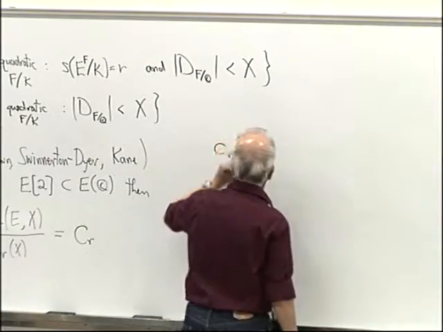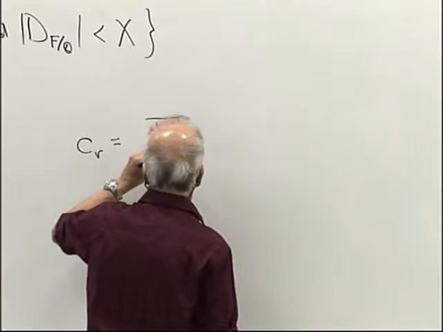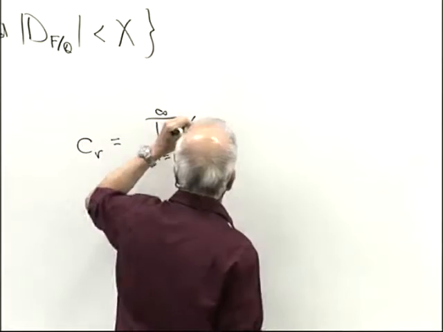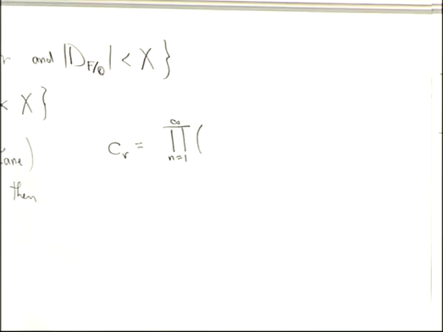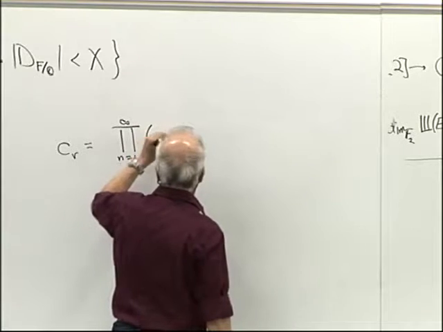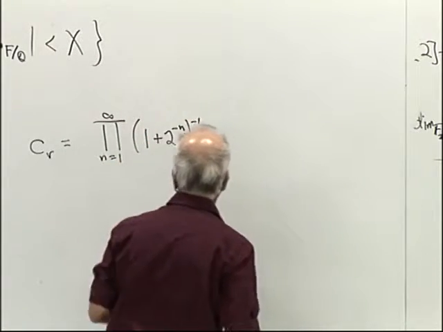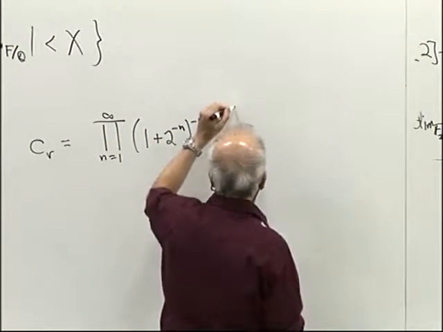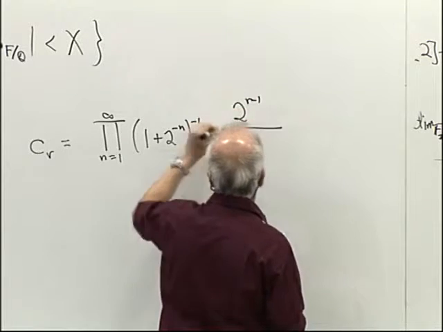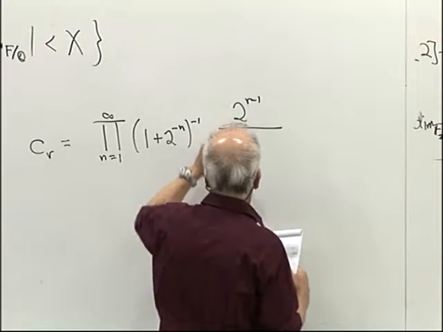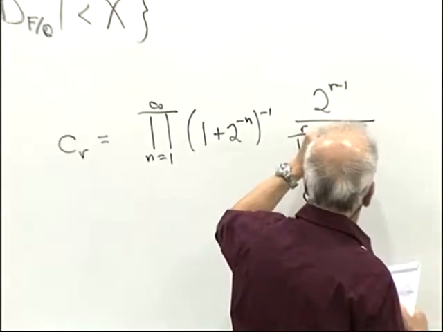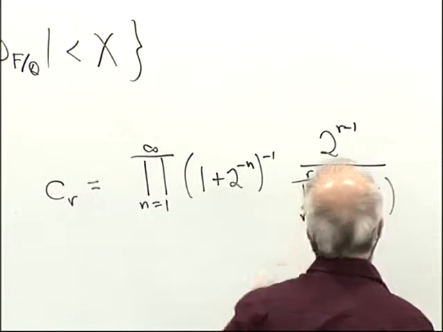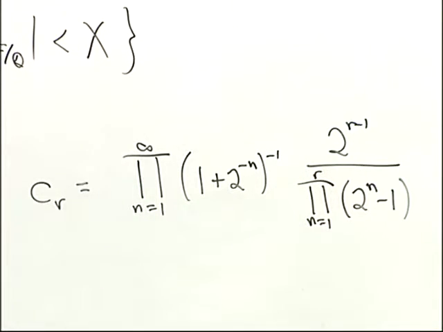C_r is the product over n equals 1 to infinity of (1 plus 2 to the minus n) inverse, times 2 to the r minus 1 divided by the product over n equals 1 to r of (2 to the n minus 1). It doesn't matter exactly what it is. It matters that they can tell us what it is.